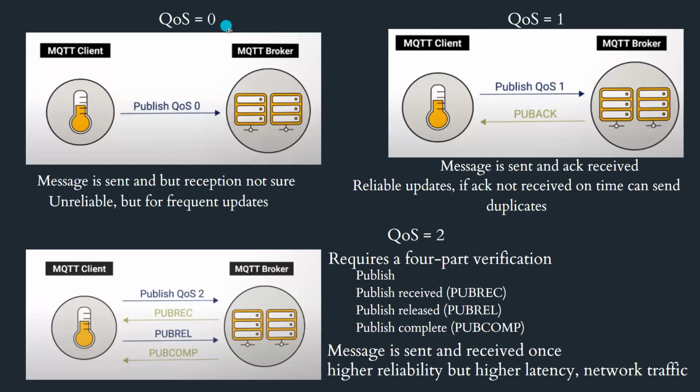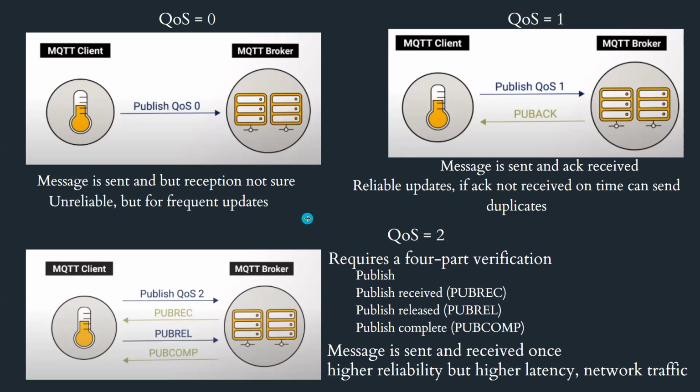We started discussing these three levels briefly. Today, we will go into detail regarding all three QoS levels and understand how they work. It's important because when we are using the MQTT server, as you must have seen last week, we can define the QoS level for our MQTT communication.